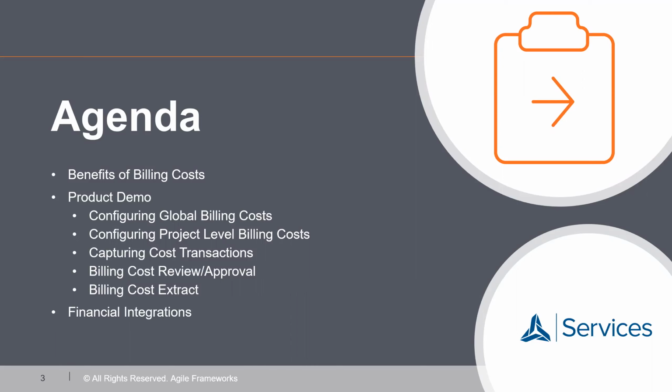From there, we will show how billing cost transactions can be reviewed and approved in quality control, as well as extracted out of MetaField for use in an accounting system. Finally, I'll touch on financial integrations and who you can partner with if you are interested in integration with your accounting system.